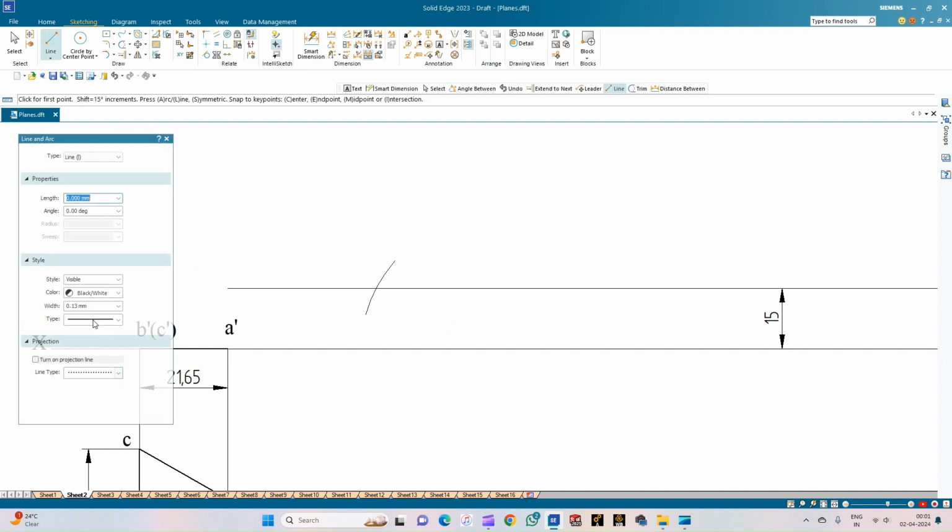We'll take the line option, and since it is the front view, it should be a continuous line of thickness 0.50.